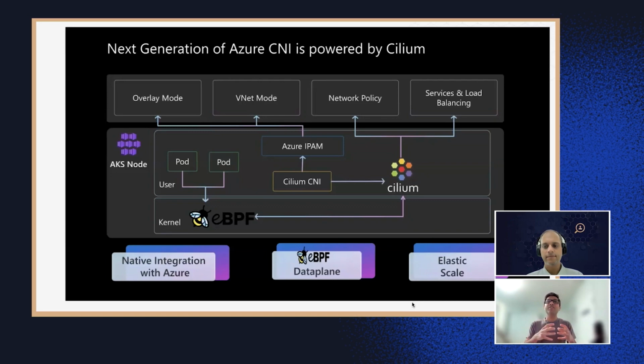When we built this, we integrated our delegated IPAM with Cilium. So you can have both the VNet addressing mode, where pods can be addressed fully routable in your virtual network, or the overlay networking mode, which allows you to have isolated networks for your different applications and different clusters, while neither has any penalty in performance.